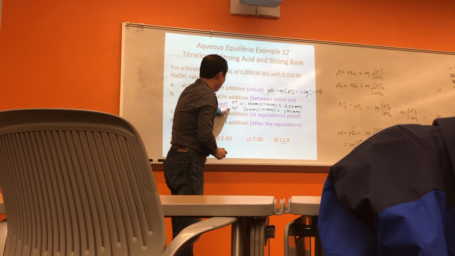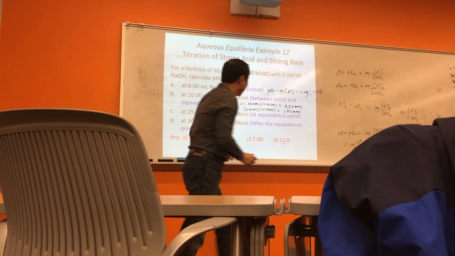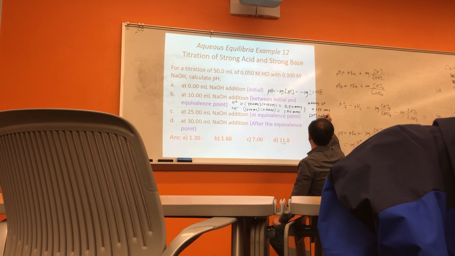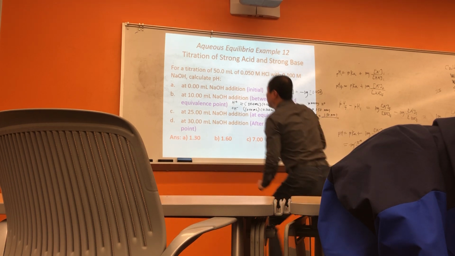Because this will neutralize part of it, the remaining H plus is from subtraction, 1.5 millimole. Remaining H plus is 1.5 millimole. So concentration is 1.5 millimole divided by total volume.